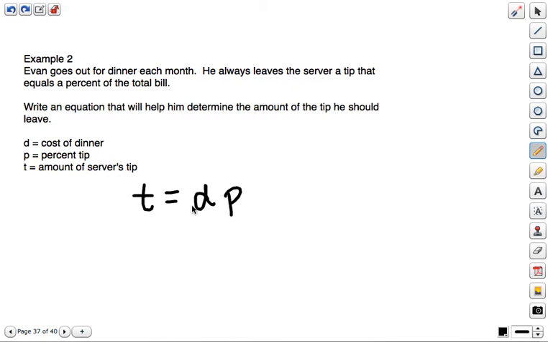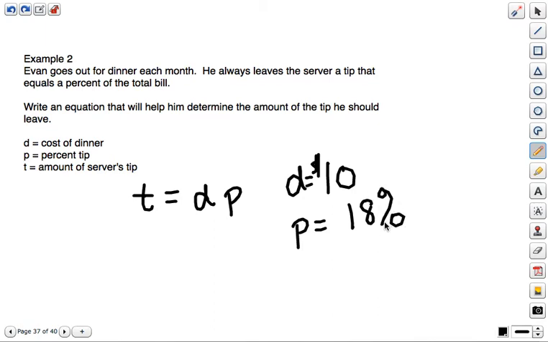So let's say that dinner was $10. So D equals $10. And let's say that you're going to give an 18% tip.